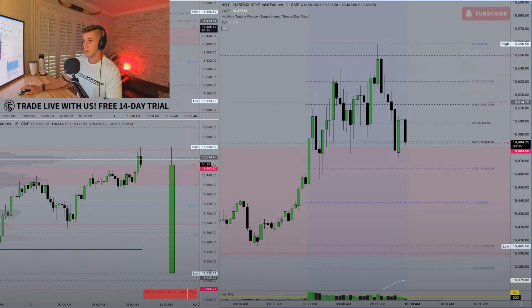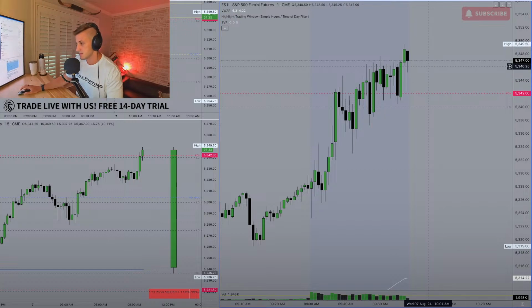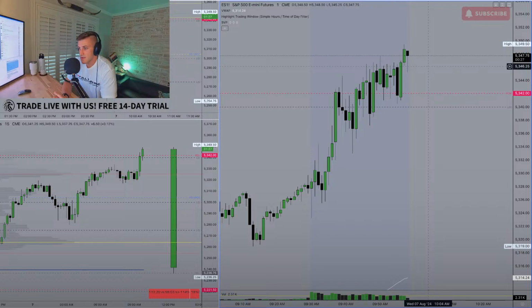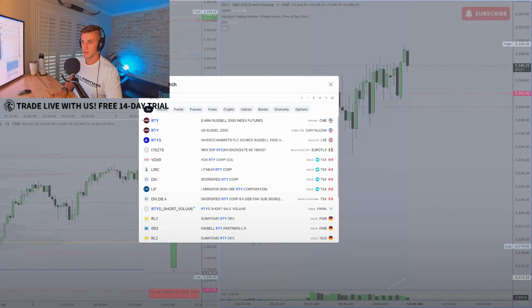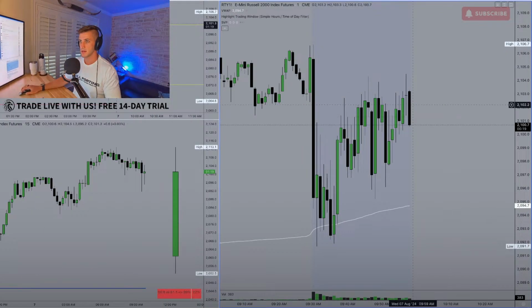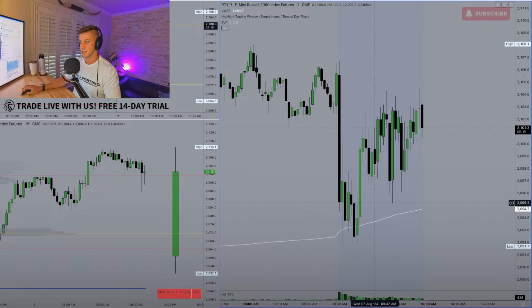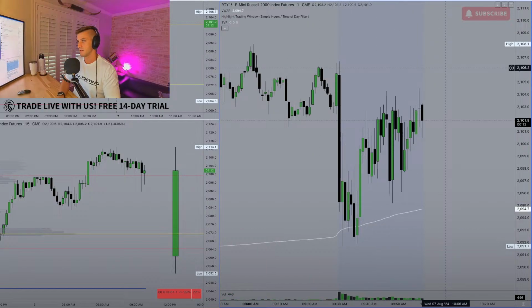ES, meanwhile, wow, look at that. ES making fresh session highs. So ES definitely with a little bit of relative strength versus good old NASDAQ. And for the Russell fans, let's see, pretty choppy there. You had one initial test of that VWAP area. Otherwise, just chop.